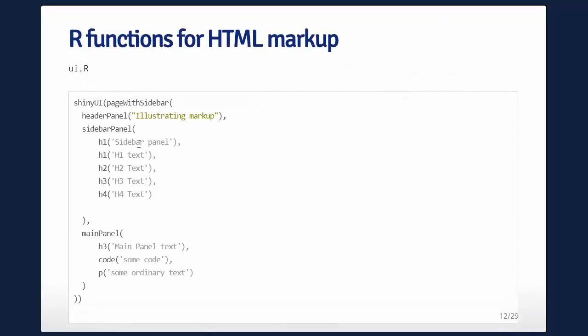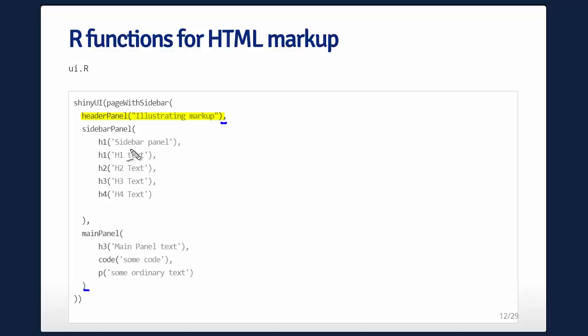Okay, here's the example for R functions with markup. R functions will insert the HTML markup. So the headerPanel is going to say illustrating markup, so remember that. And then you got to remember that the commas are what kill you with Shiny. So remember that you got to have commas between things, and then say for example no comma right there.